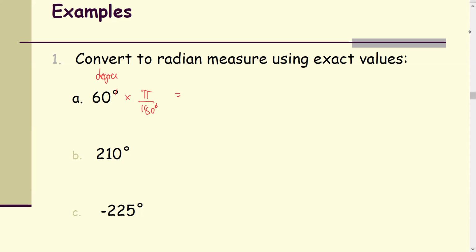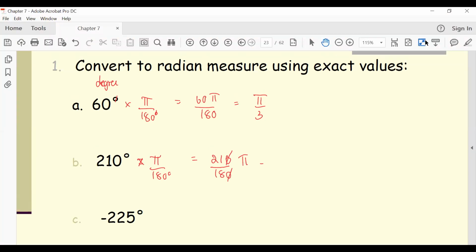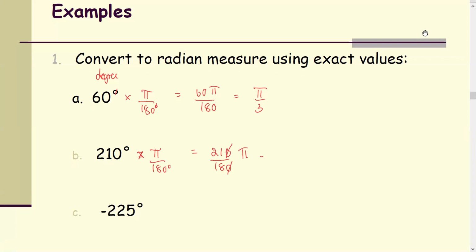Degrees reduce. 60 pi divided by 180 becomes pi over 3. For 210 degrees, multiply by pi over 180 degrees, or 210 divided by 180 pi, we get 7 over 6 pi.